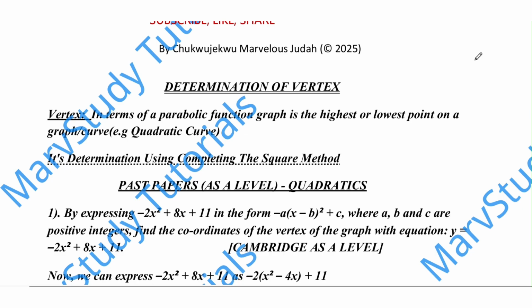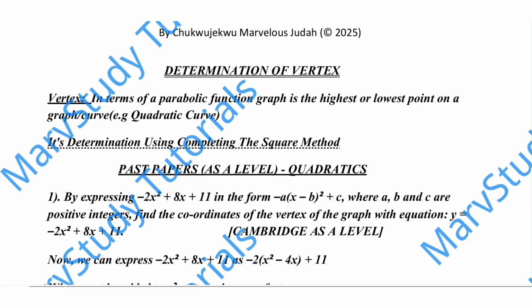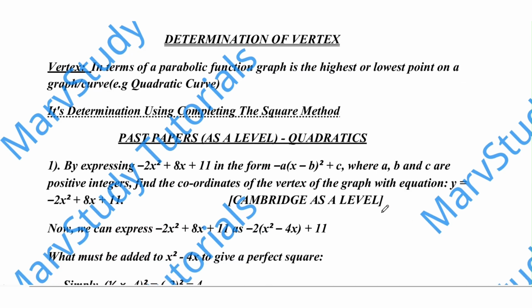Remember, look at the question, negative a. So that means you're going to bring out a negative factor here. Remember a, b, c are constants. So look at the expression. We notice that negative 2 can go into negative 2x squared and can also go into positive 8x. Remember, we are looking at those that carry the x.